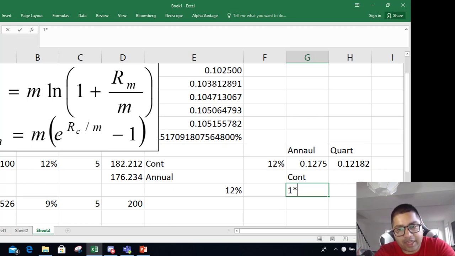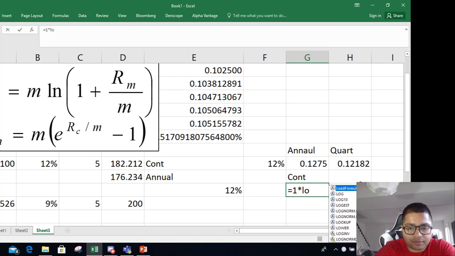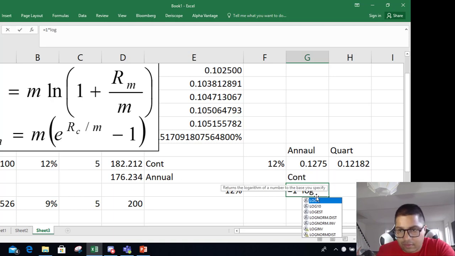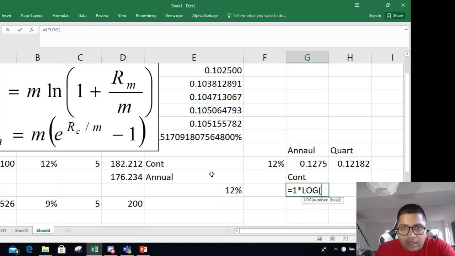So we are converting annual into continuous. So m times log of 1 plus r divided by m. So 1 plus the interest rate, 12%, divided by 1. So it is 1 plus 12%.